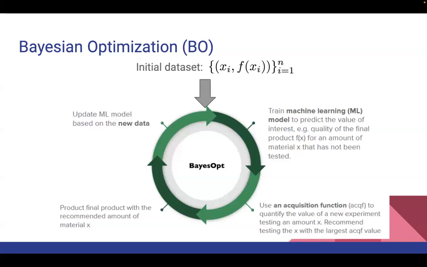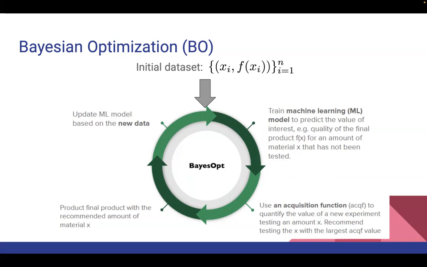A traditional approach that is suitable to solve this type of optimization problem is Bayesian optimization, or BO. BO begins by gathering an initial dataset in terms of the input X and the output f(X).